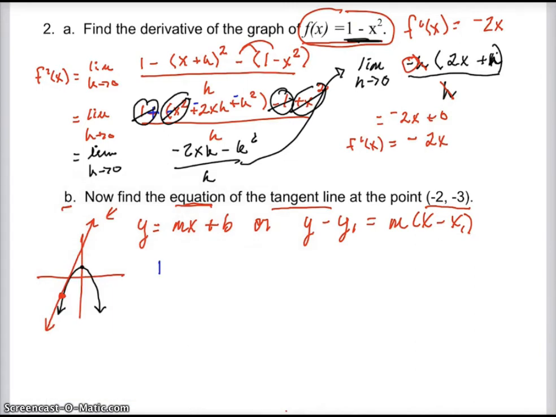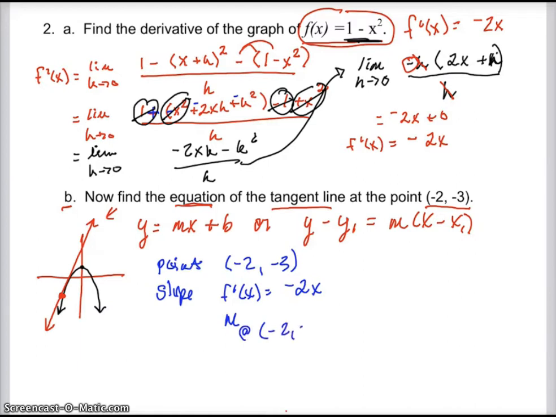I need a point, which I have. The point is -2, -3. And I need a slope, which I almost have. I know that the derivative is -2x. So the slope at -2, -3 is -2 times -2. I replace x with the x coordinate, so the slope is 4.